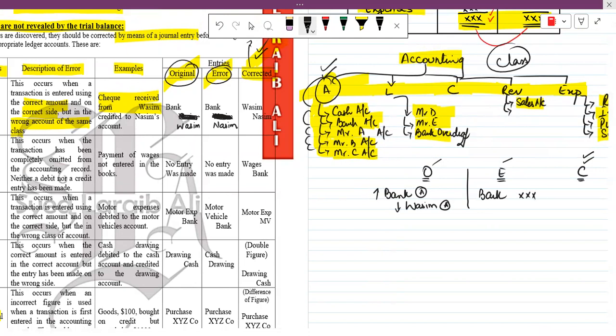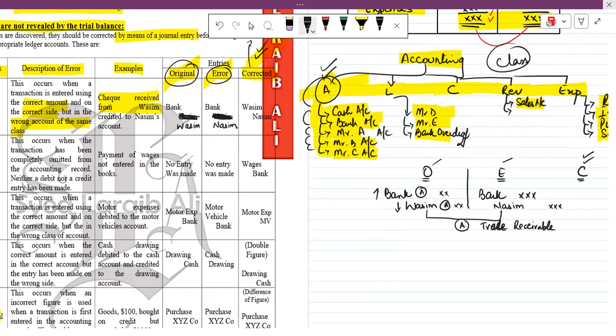But instead of Wasim, we credited Nasim's account. Now, Wasim and Nasim both are our assets. Both are our trade receivables.